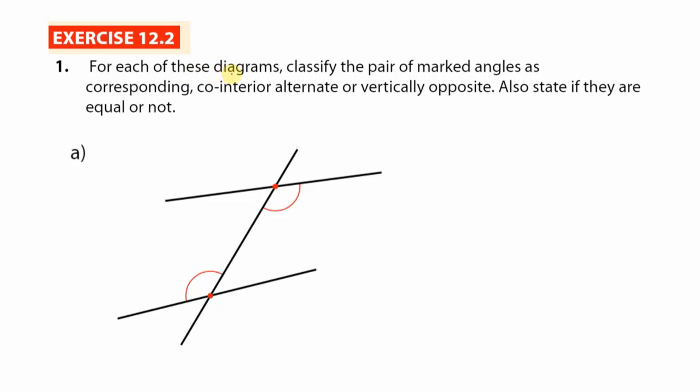Number 1, for each of these diagrams, classify the pair of marked angles as corresponding, co-interior, alternate or vertically opposite. Vertically opposite, remember in our previous lesson we focused on that. Also state if they are equal or not. Okay, so do we have parallel lines? No, there are no arrows. Okay, what shape do we see here?